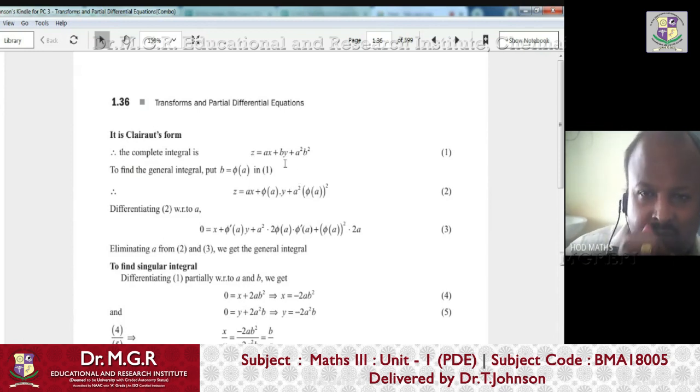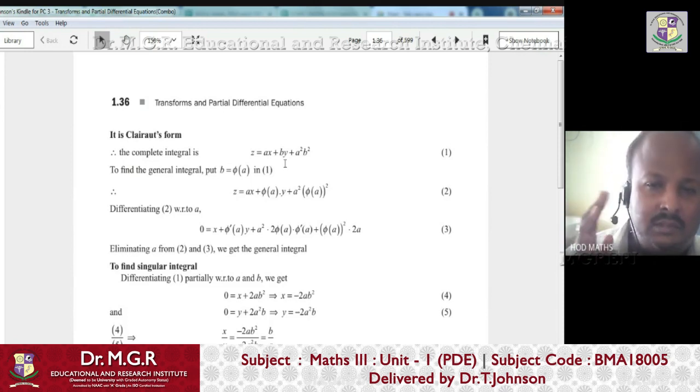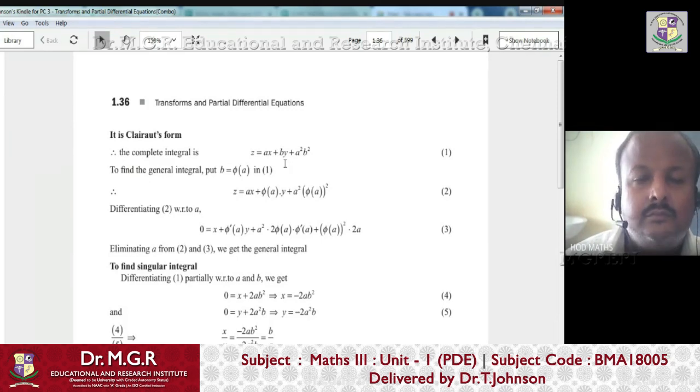Any of you tell? What is the complete solution? Z equals to? Anyone of you tell? Here, what is the complete solution? Or do you see the screen now? What is the complete solution here?